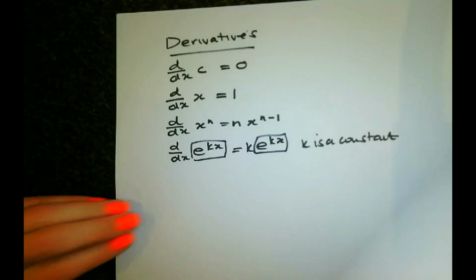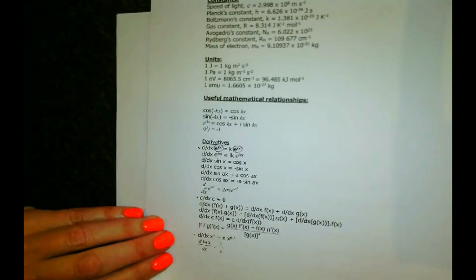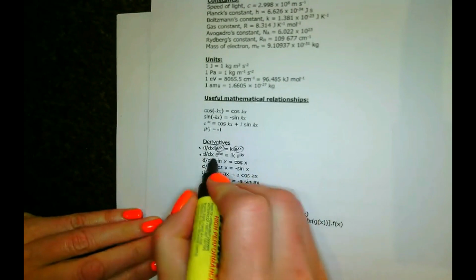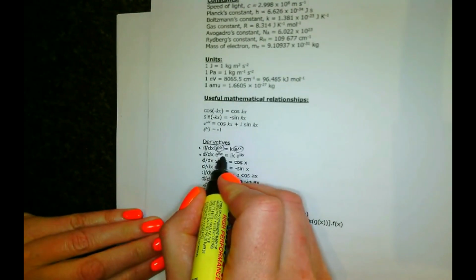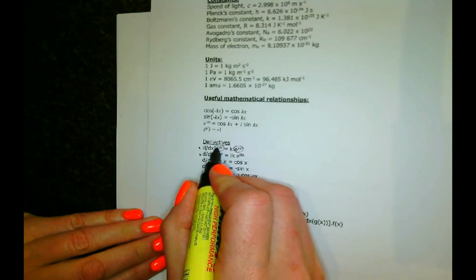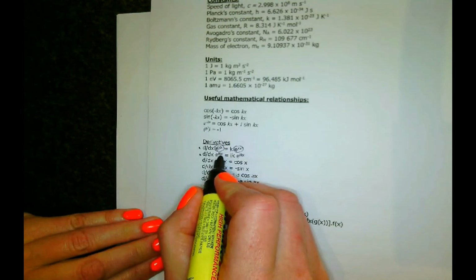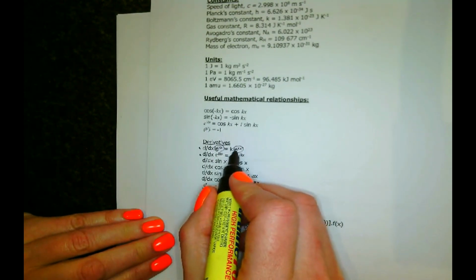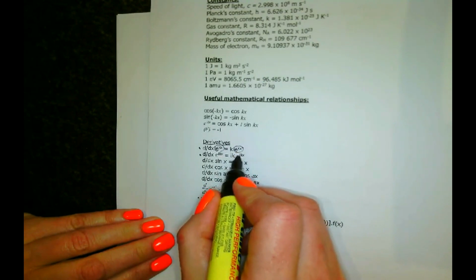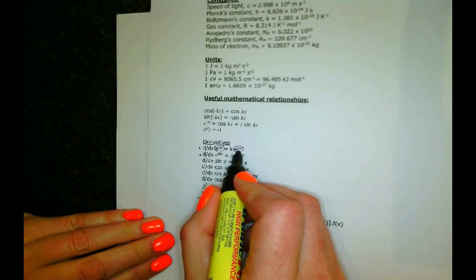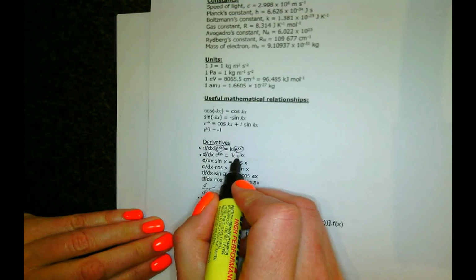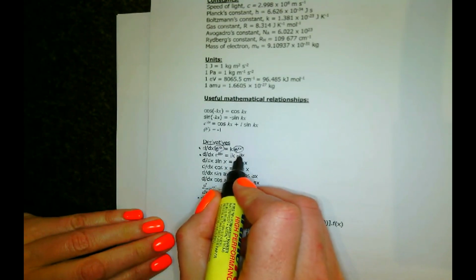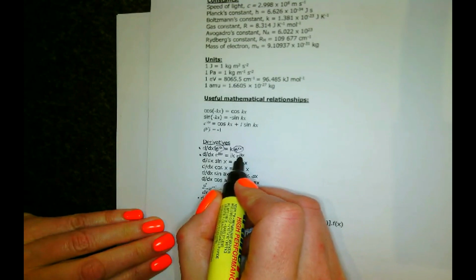Then there's another form of this function which is a bit more complex, the one below it, where your function is e to the ikx. So you have an i in front of k in the exponent. The derivative is very simple because it's similar to the one we've just seen. We again have the constant where i is included in the constant.